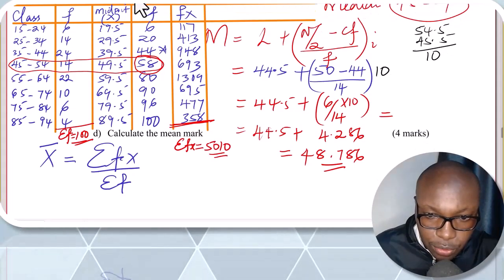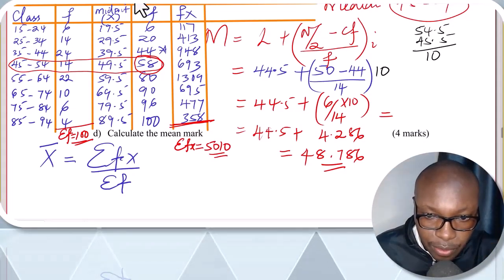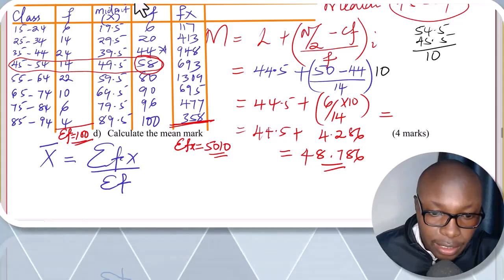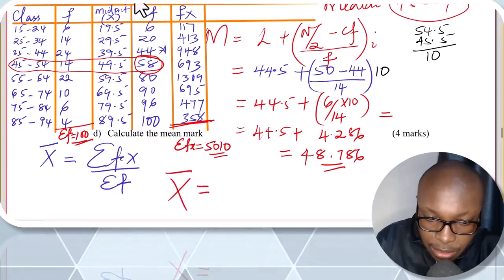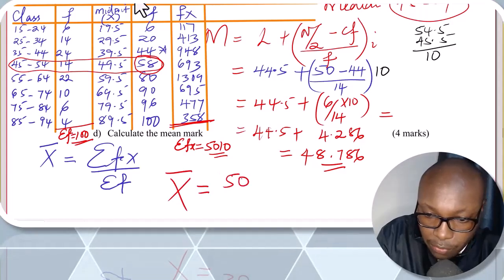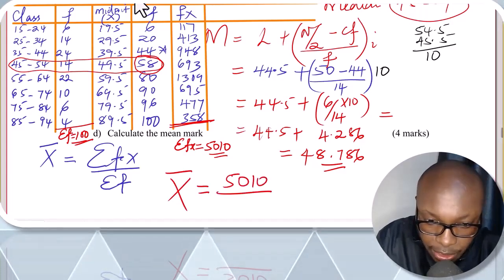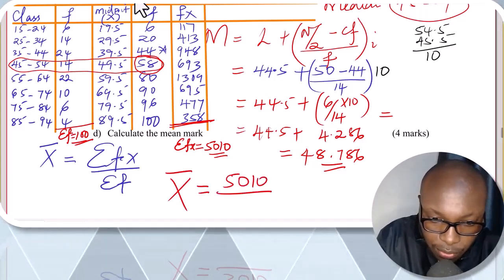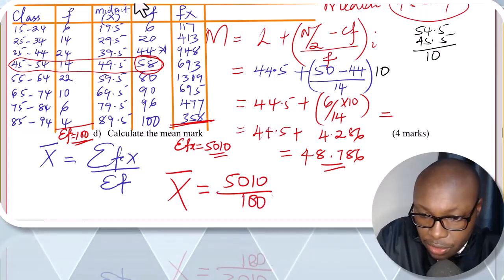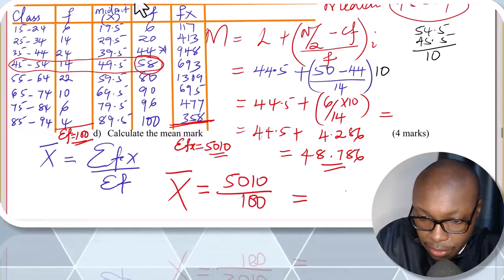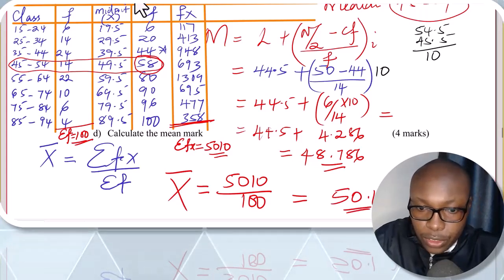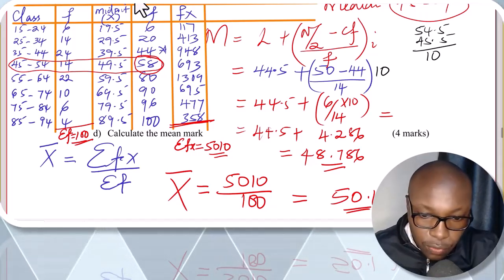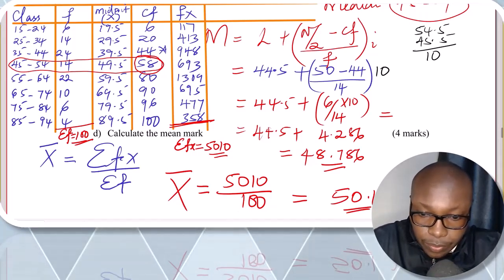Now we have everything that we need: the summation of fx and the summation of f. So the mean is given by the summation of fx, which is 5010, divided by the summation of frequency, which is 100, and therefore the mean will be 50.1. So that is how you solve that question.